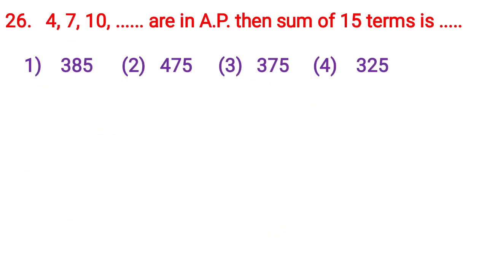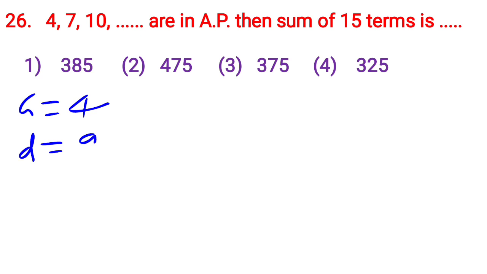Next 26th question, 4, 7, 10 dash are in arithmetic progression, then the sum of 15 terms is. What is the sum of the first 15 terms in the given arithmetic progression? So to find this answer, I am going to find out the two values a, first term that is 4 and common difference d.